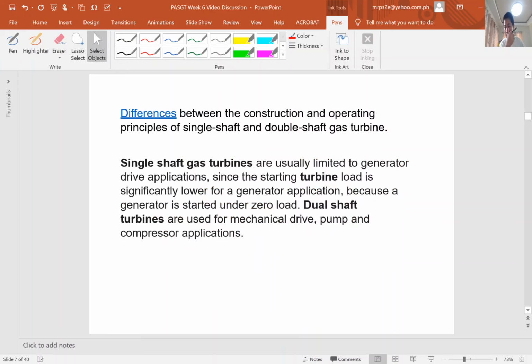So as I explained, the differences between the construction and the operating principle of single shaft and double shaft gas turbine.